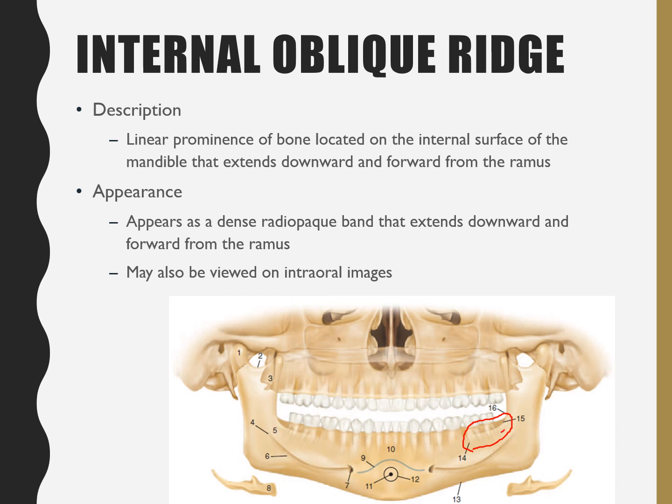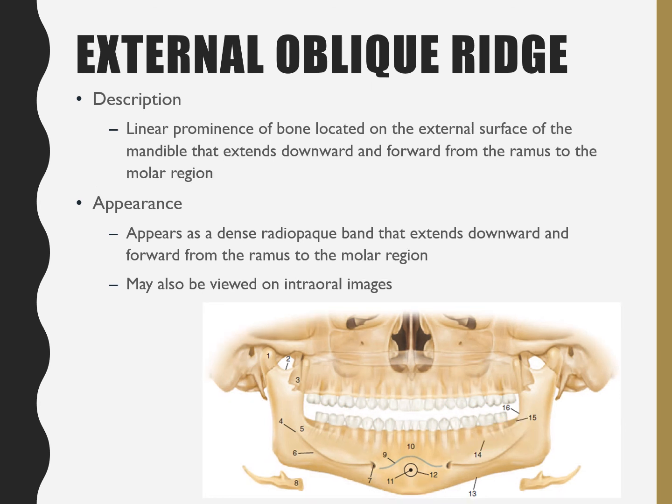Okay, so this area right here is going to be your mylohyoid ridge. This one is going to be your internal oblique ridge, and the top, the back one, that one is going to be the external oblique ridge. Okay. So then the external oblique ridge appears as a linear prominence of bone located on the external surface of the mandible that extends downward and forward from the ramus to the molar region.